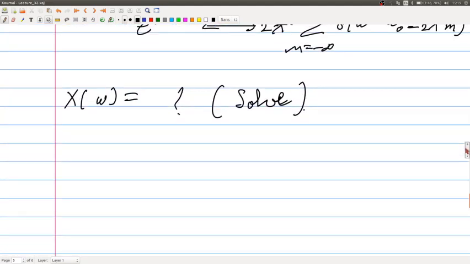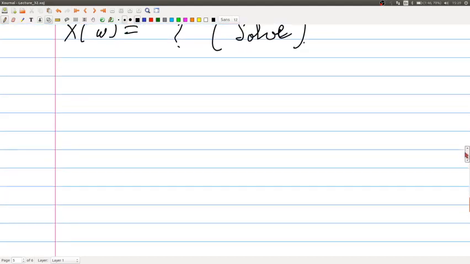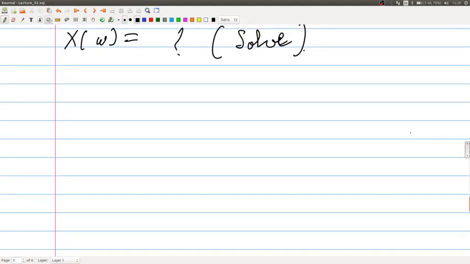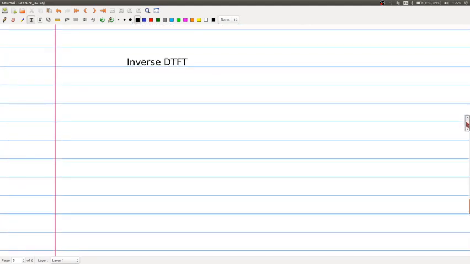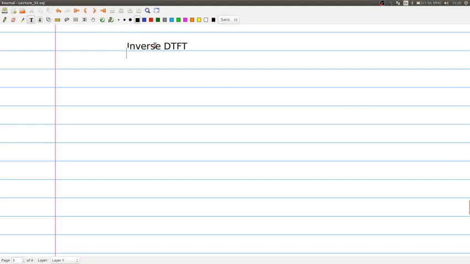Right. So let us now take a couple of examples on computation of the inverse discrete time Fourier transform. We can compute the IDTFT, inverse discrete time Fourier transform, using the synthesis equation.